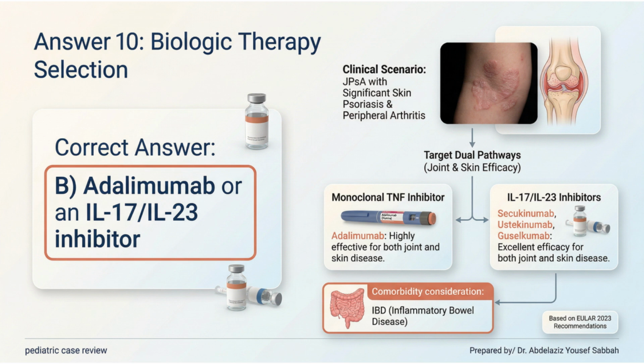Alternatively, interleukin-17 and interleukin-23 inhibitors such as secukinumab, ustekinumab, and guselkumab show excellent efficacy for both domains. An important comorbidity consideration is inflammatory bowel disease. If inflammatory bowel disease is present, monoclonal tumor necrosis factor inhibitors like adalimumab or infliximab are preferred. These recommendations align with the 2023 European Alliance of Associations for Rheumatology guidelines.